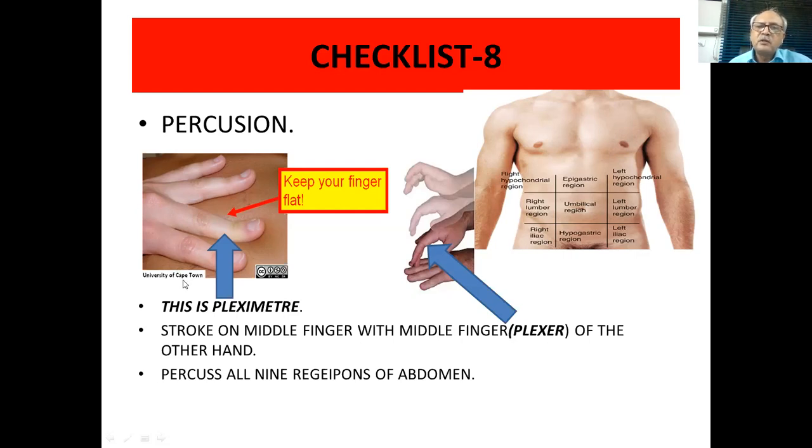This finger, which is fixed at the area which is to be percussed, should be flat, and this finger is called pleximeter. And you percuss on this finger with the middle finger of your other hand, the middle finger of your right hand, and this finger with which you percuss the pleximeter is called a plexer.